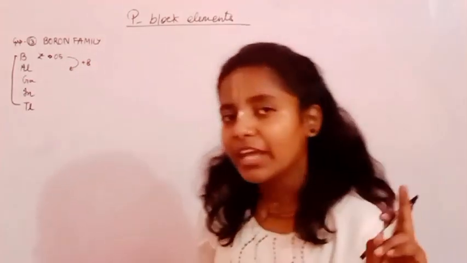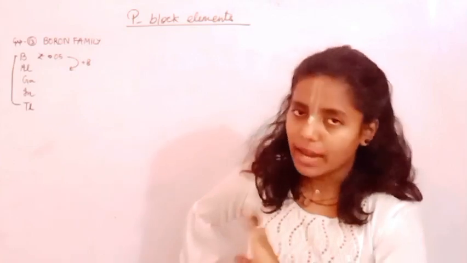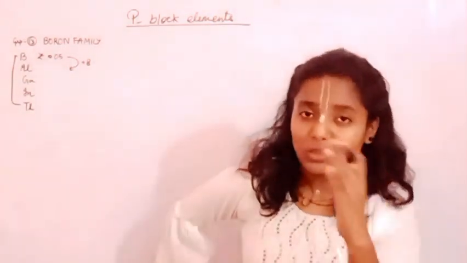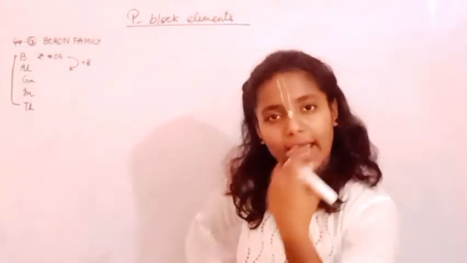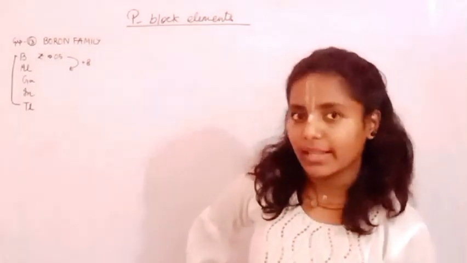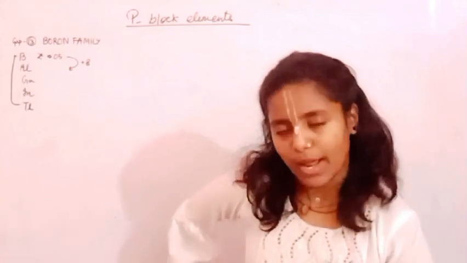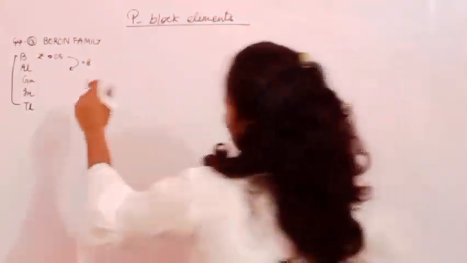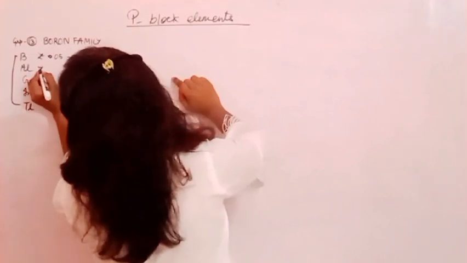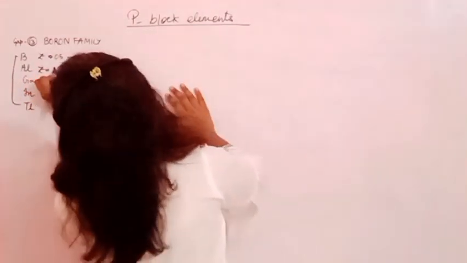And in the first case, ग्रुप 1 में हमने क्या करा था, 2, then 8, 8, 32 and so on. ग्रुप 2 में हमने क्या करा था, 2 को हटा दिया था, then 8, and so on, 8, 8, 18, 18 and so on. Here, हम 8 को फिर से हटा देंगे and we will come across 8, then 18, 18, 32 and so on. Okay? Adding 8 to this, Z equals 5, Z equals 13.